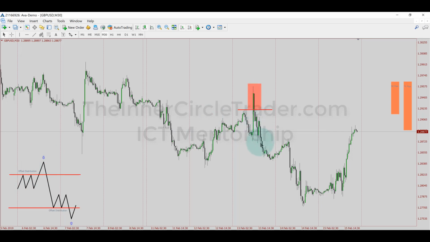Price breaks down. Once price takes out this short-term low here, you can take a partial there. Market trades down, creates a short-term low here, starts to run up. If price takes out this low, we can take another partial. Or it could be your first partial, because you would anticipate maybe this low being your second. But because we create this short-term low so close, we could look for a little bit lower objective.